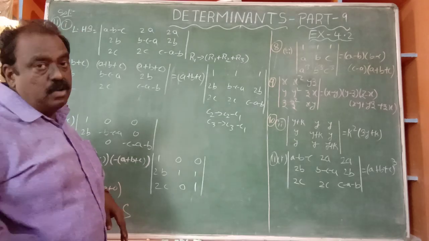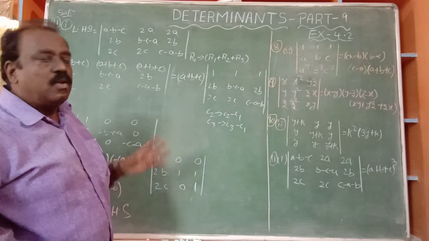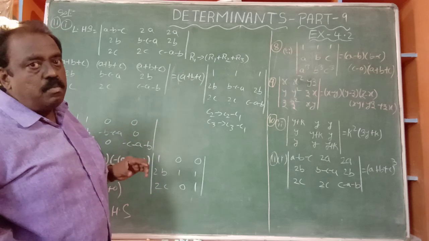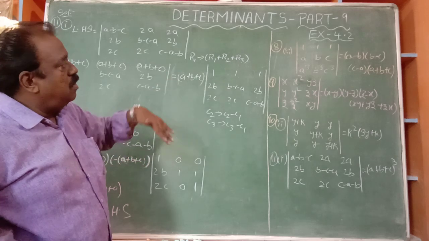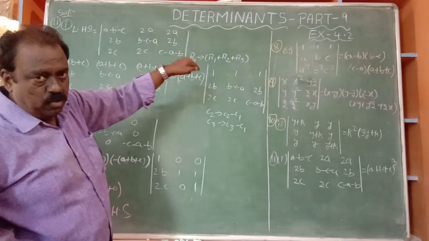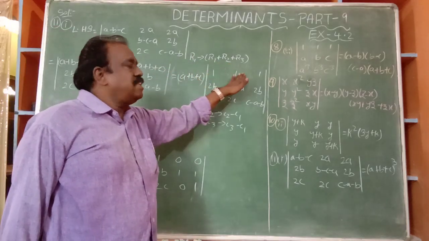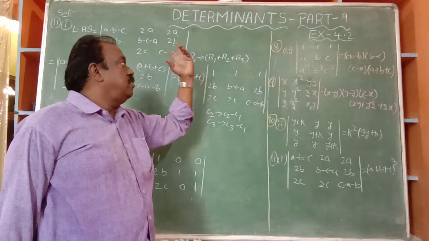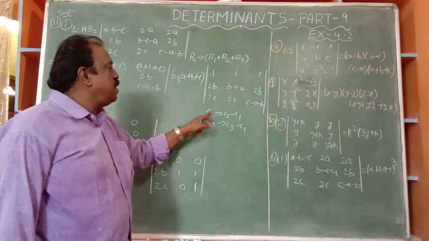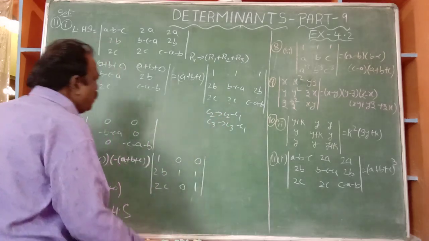Already I told you, in a determinant, if 1, 1, 1 is there in a row or column, you make the others 0. Making 0 means not erasing the 1 and putting 0, but applying C2 minus C1: 1 minus 1 is 0. So I am applying C2 minus C1 and C3 minus C1.